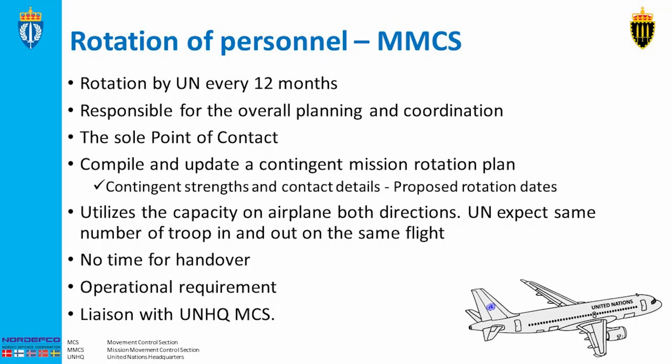A nationally organized, conducted, and paid rotation always needs support from the Mission Movement Control Section and the United Nations transportation assets, especially the movements between the actual camp in the mission and the airport that the rotation flights use.